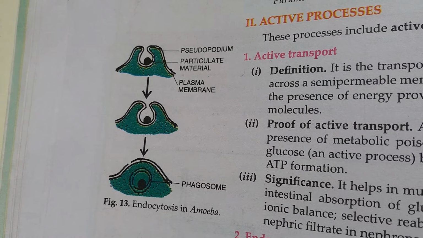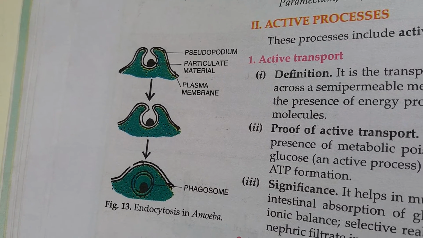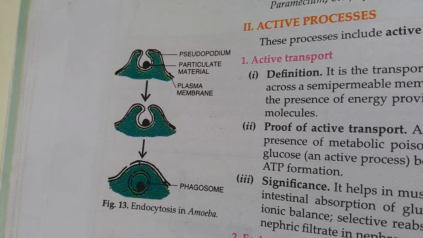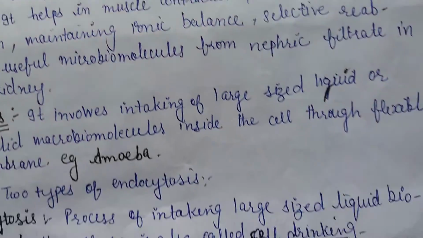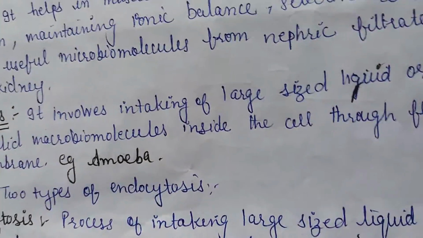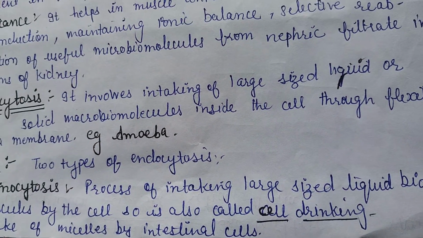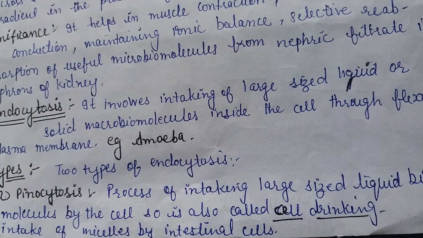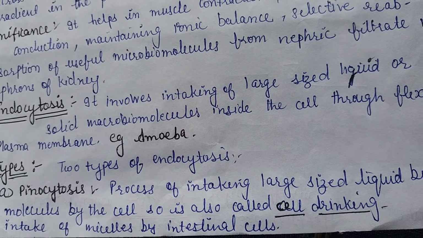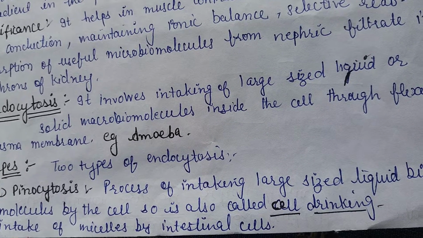Endocytosis is of two types, pinocytosis and phagocytosis. Now what is pinocytosis? Pinocytosis is the process of intaking large size liquid biomolecules by the cells, which is called cell drinking or intake of micelles.